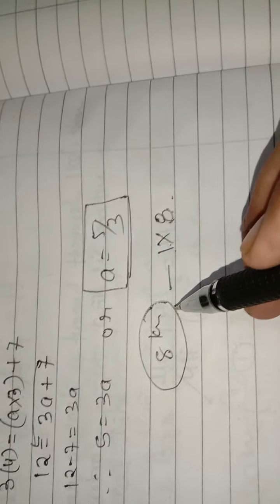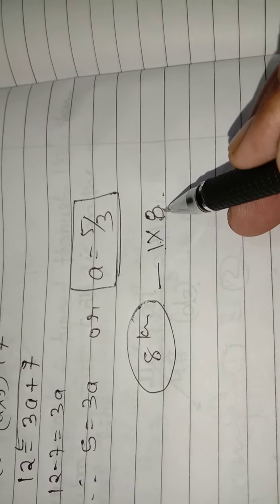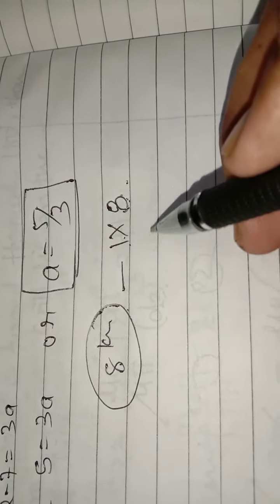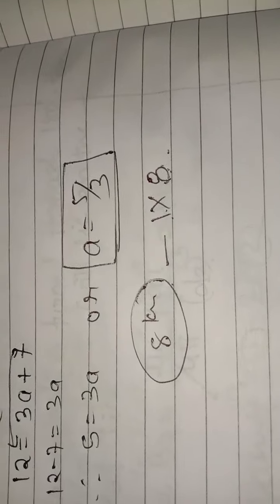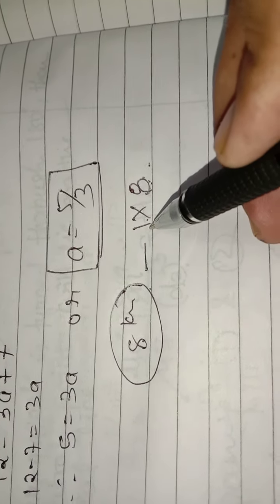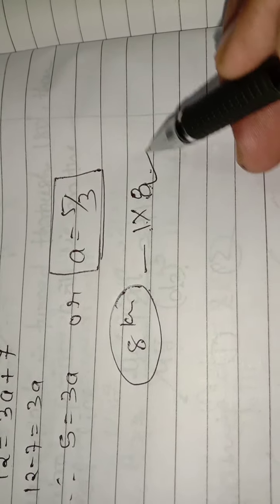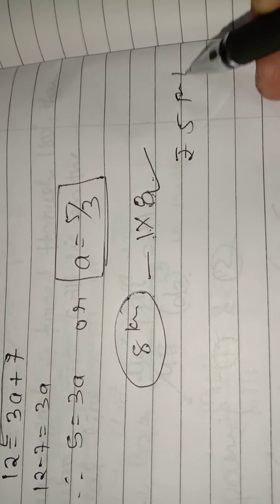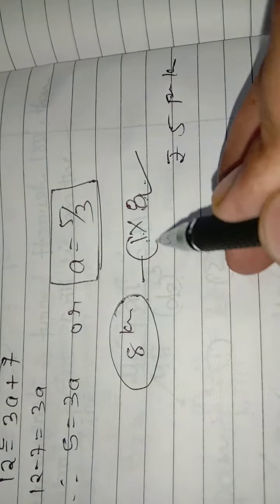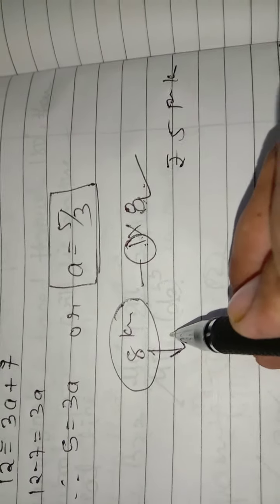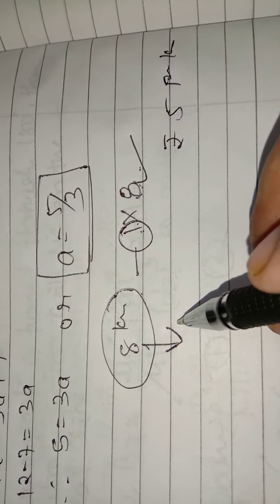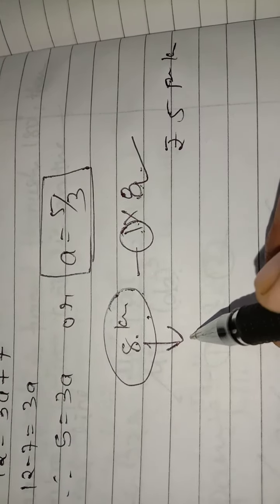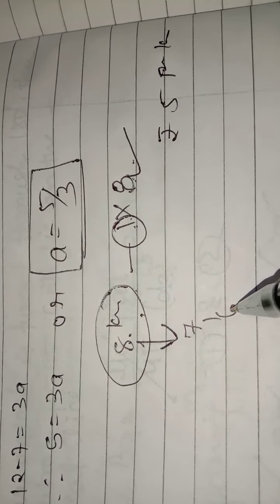But as soon as the first kilometer is completed, the subsequent charge is rupees 5 per kilometer. So after 1 kilometer, instead of 8 he is charging rupees 5 per kilometer. After 1 kilometer the remaining distance keeps decreasing: now instead of 8 it will be 7, then 6, and like that.